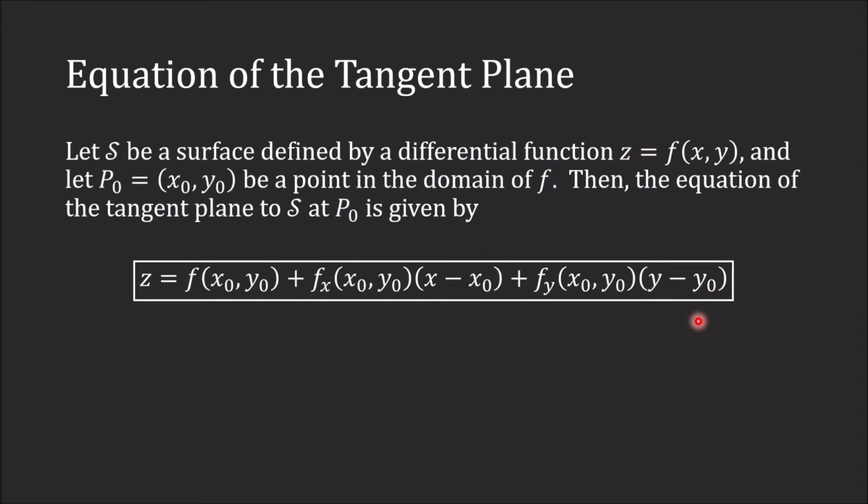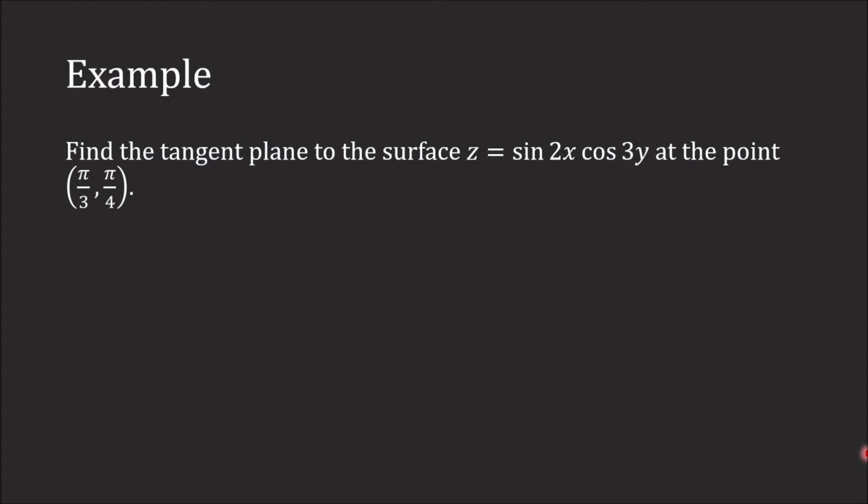So let's actually find a tangent plane. We're going to find the tangent plane to the surface z equals sine 2x cosine 3y at the point pi over 3, pi over 4. So the first thing we're going to want is f of pi over 3, pi over 4.